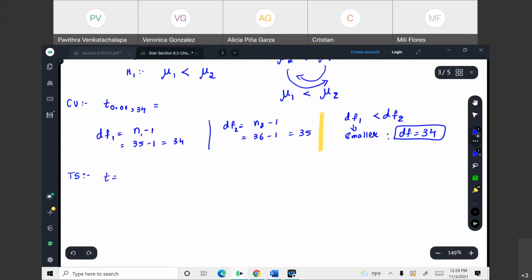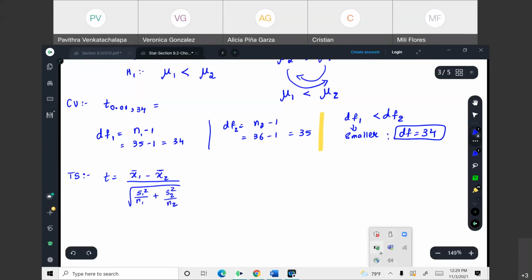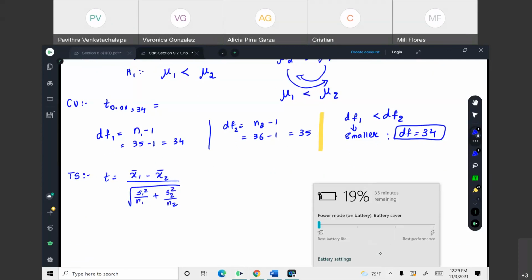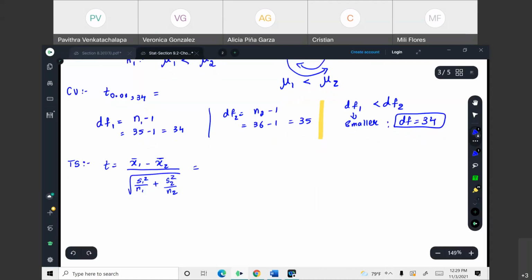Or you can also use t equals x1 bar minus x2 bar divided by the square root of s1 square divided by n1 plus s2 square divided by n2. When you do this, you get a value of minus 2.05.